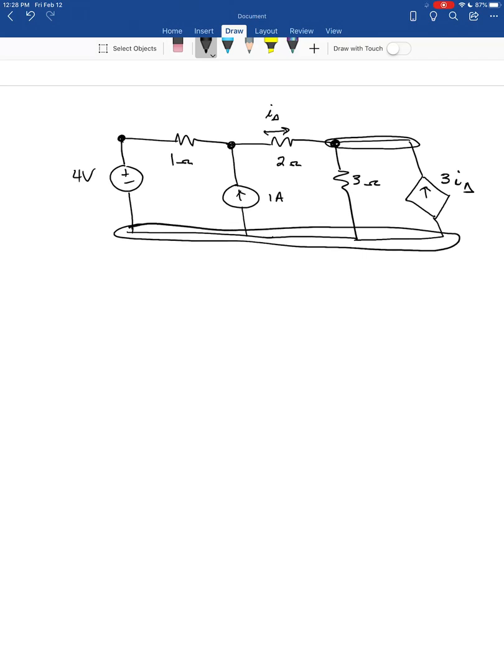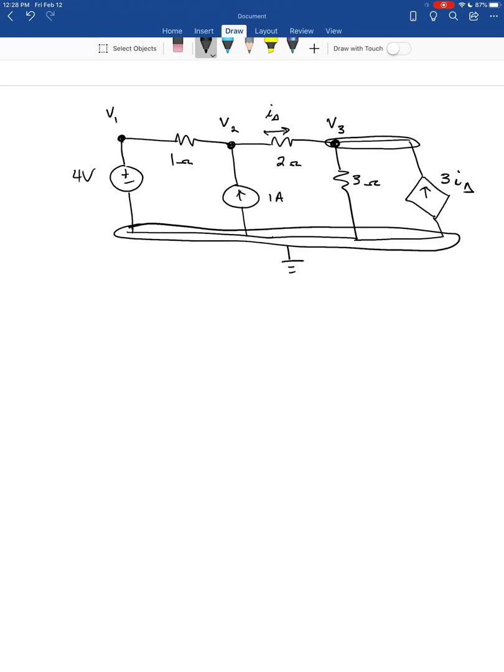Let's look at our sources. We do have a voltage source. If we connect the reference or ground node to the negative terminal of the voltage source, that would mean our reference would be down here at the bottom again, and then we can label our node voltages as V1, V2, and V3.